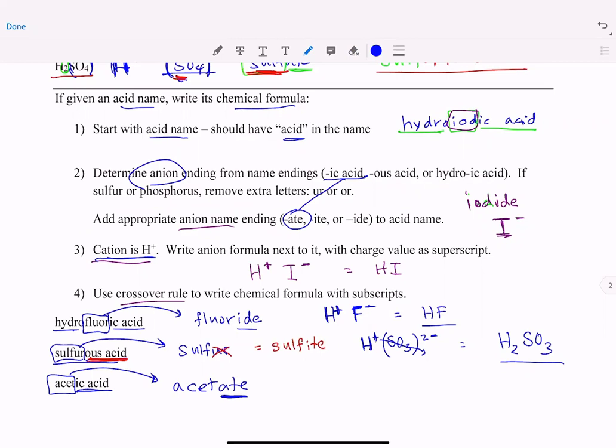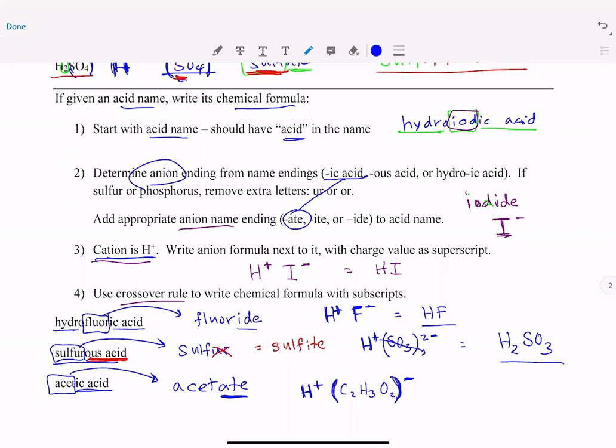This is going to be on the polyatomic ions list, and it is C2H3O2 with a negative charge. This is the most complicated polyatomic ion, and hopefully something you're more used to now. That's the negative charge, the anion. The positive charge is always the same, so you put H plus in front of it.